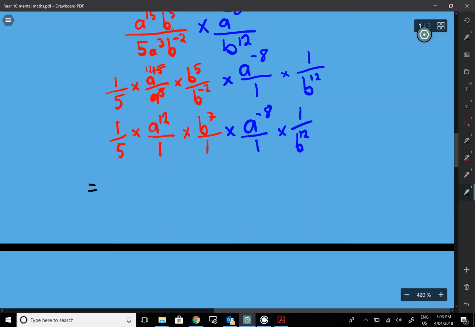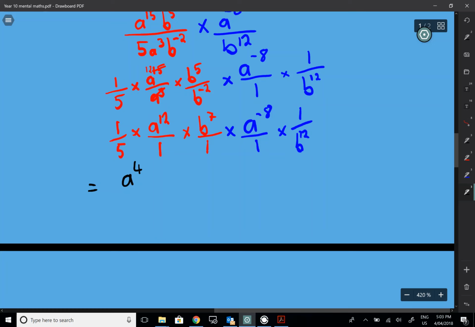Then I have a12 times a to the negative 8, and we add our powers. 12 plus negative 8 is like 12 take away 8, which is going to be a to the power of 4. There's no other b's on the top, so I'm going to be left with a to the power of 4. Then on the bottom I've got 5 times 1 times 1 times 1.